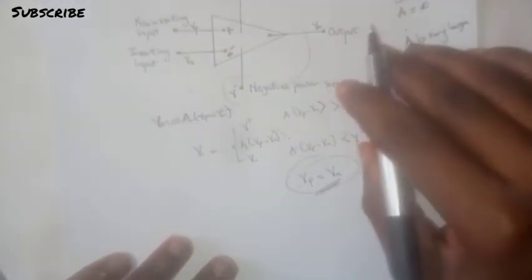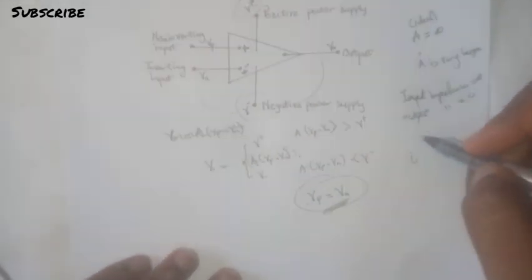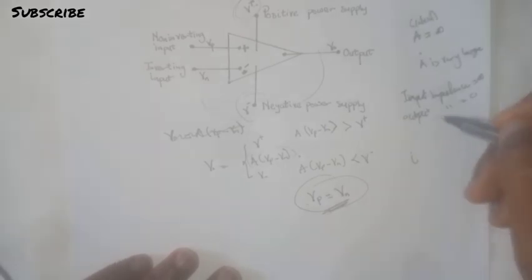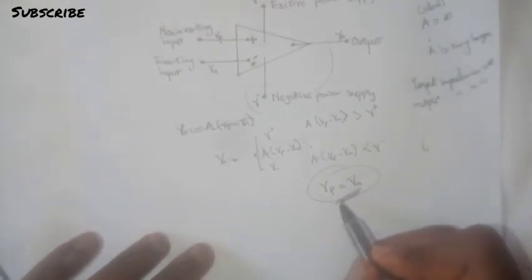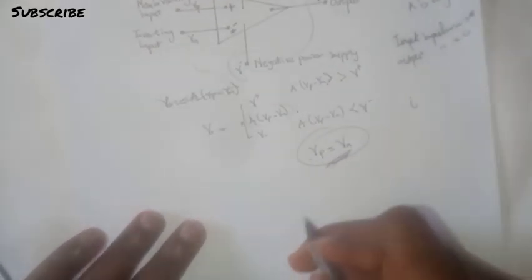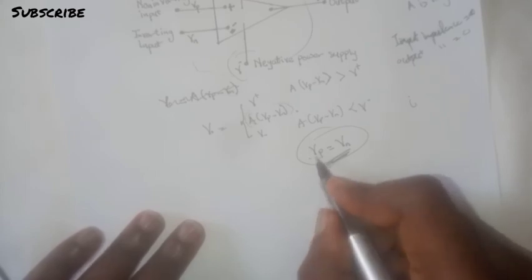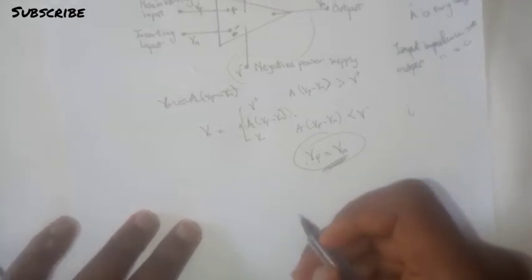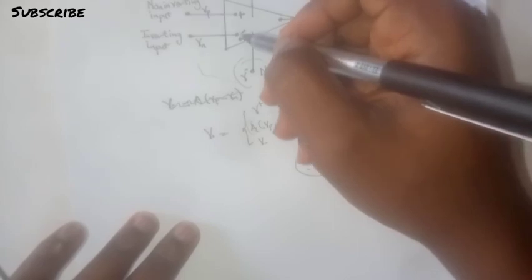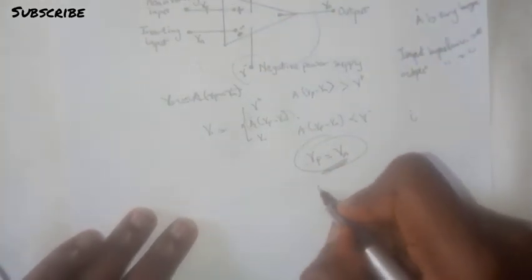Now, if the input impedance is infinite, that means that, first off, we know that Vp is equal to Vn, and the input impedance here is infinite.